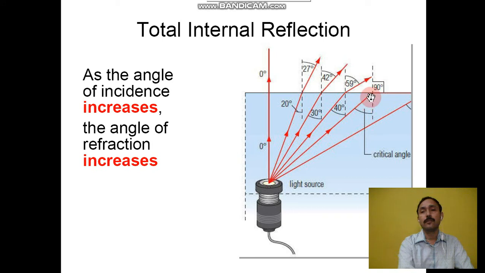More than the critical angle, when light is incident on the denser medium, then instead of refraction, there will be reflection from the surface between the denser and rarer medium. So this is the total internal reflection.